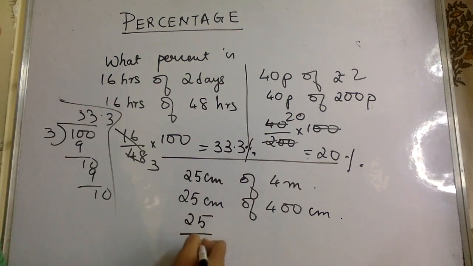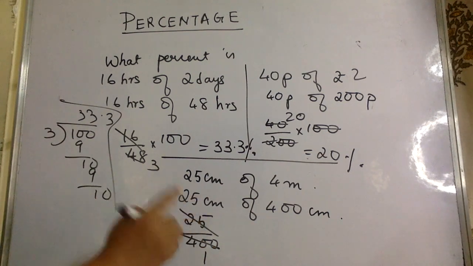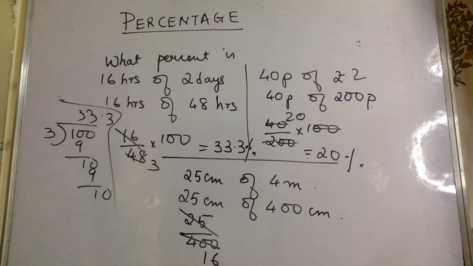25 by 400, that gives me how much? In 100 there are 4 25s, and in 400 there will be 16 of them. You can divide it and see also. So here I got 25 on 400. Now this into 100.